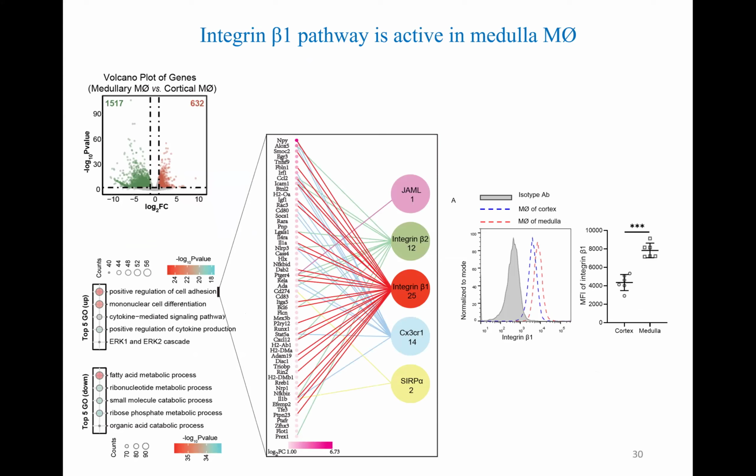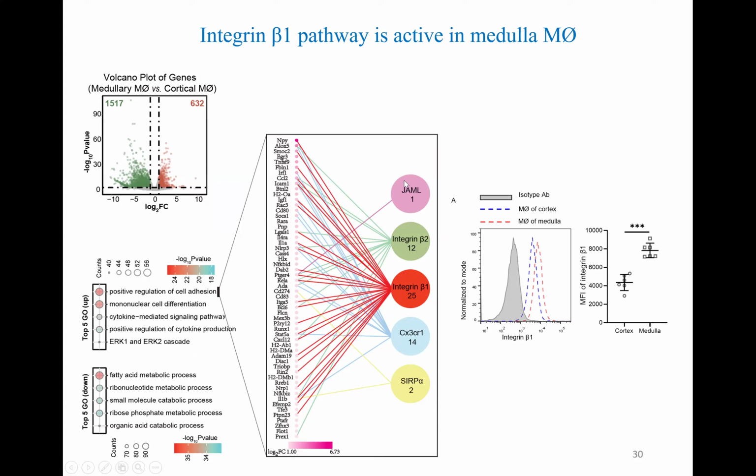To probe the molecules involved in transepithelial behaviors, we next adopted a transcriptome analysis to compare the medulla and the cortex macrophages. In the gene ontology analysis, the top emerging term favoring medulla macrophages was positive regulation of cell adhesion, which is consistent with the outstanding transepithelial behaviors of medulla macrophages.